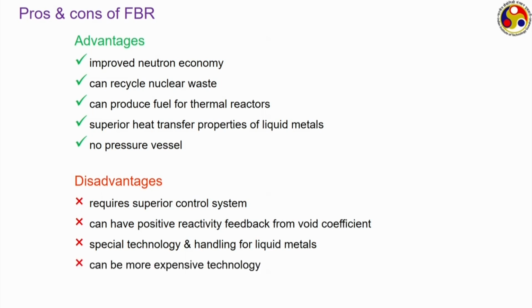FBR can be expensive compared to PWRs. And one final point, the knowledge of FBR is still not as widespread as PWRs or BWRs. Only very few countries, just 4 or 5 countries, presently have active fast breeder reactor plants, and the technology that they employ is also not publicly available.